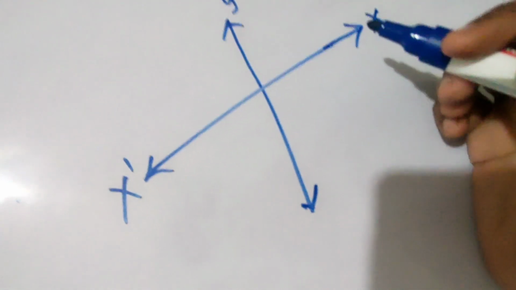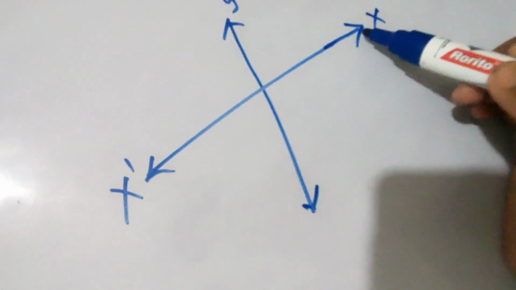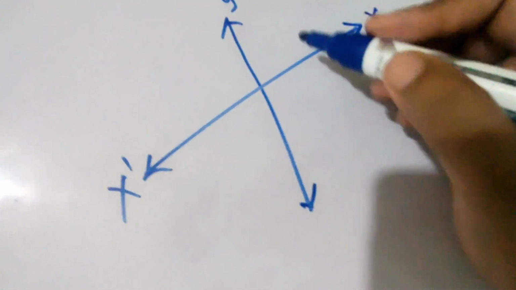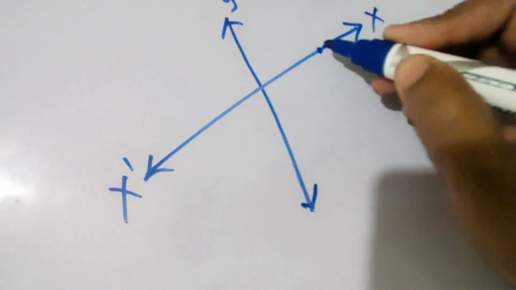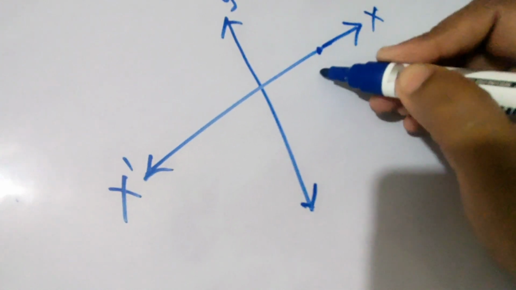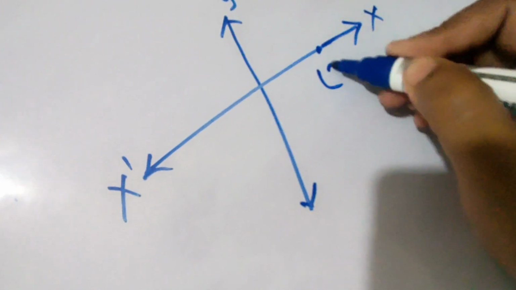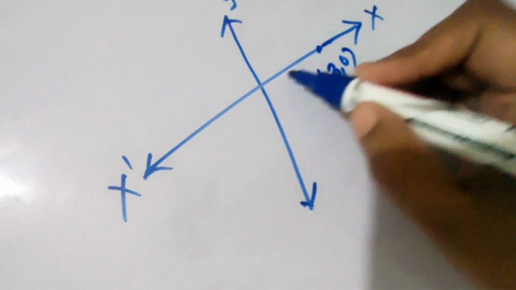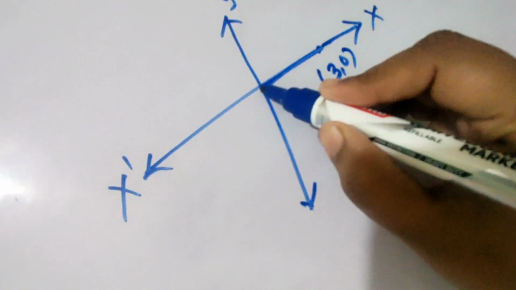This is the x and x dash axis. If a point is given here, then the x coordinate is 3 but the y coordinate is 0, because this distance is only for x.